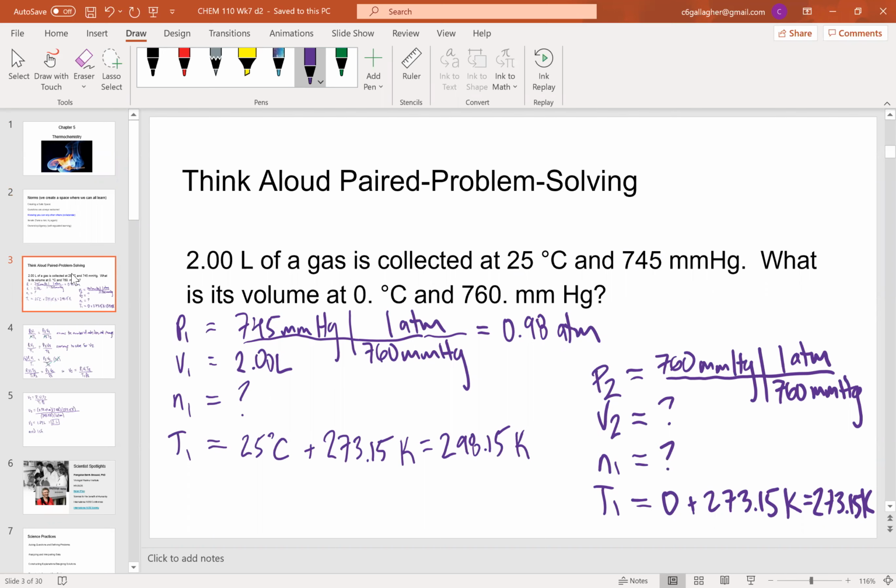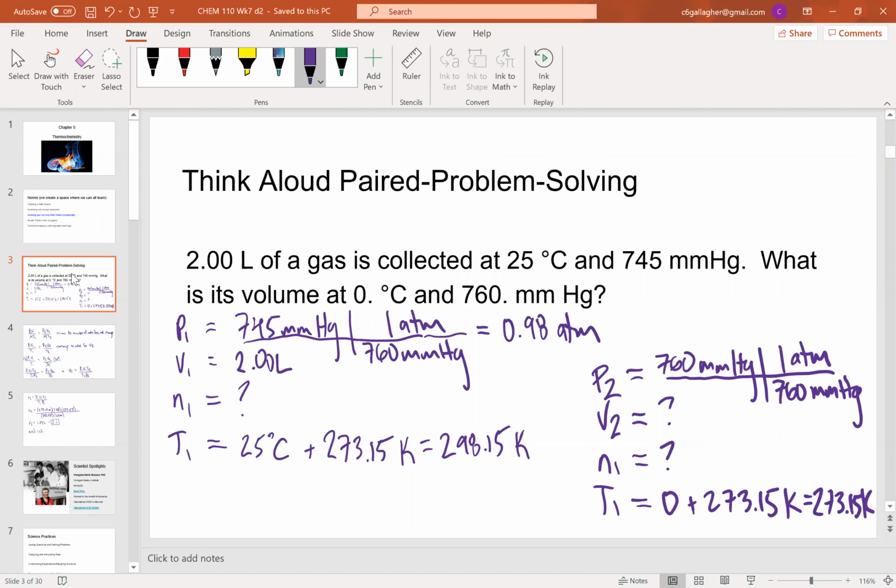So for this quiz question, you were looking at 2 liters of a gas collected at 25 degrees Celsius and 745 millimeters mercury. And then you want to know what is its volume at 0 degrees Celsius and 760 millimeters mercury.